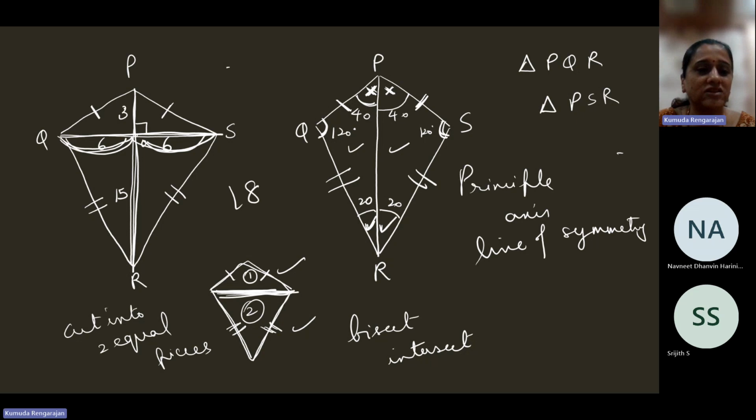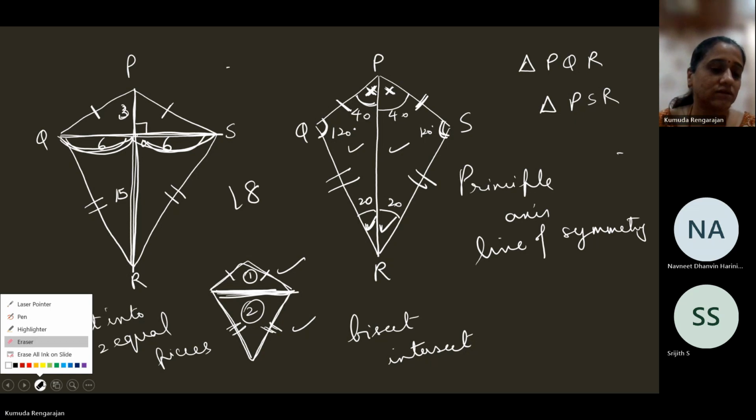If it's 18, this portion may be 3, this portion may be 15, like that. That means the longer diagonal is not bisected, is not cut into two equal pieces. The shorter diagonal is cut into two equal pieces. The longer diagonal bisects the shorter diagonal. These are the properties of a kite.